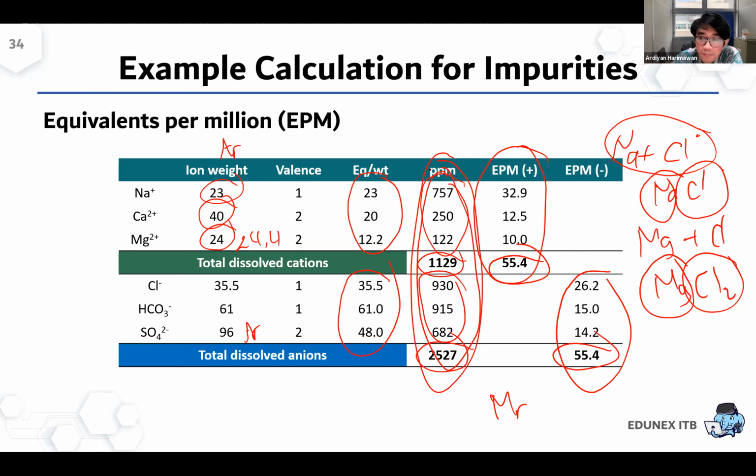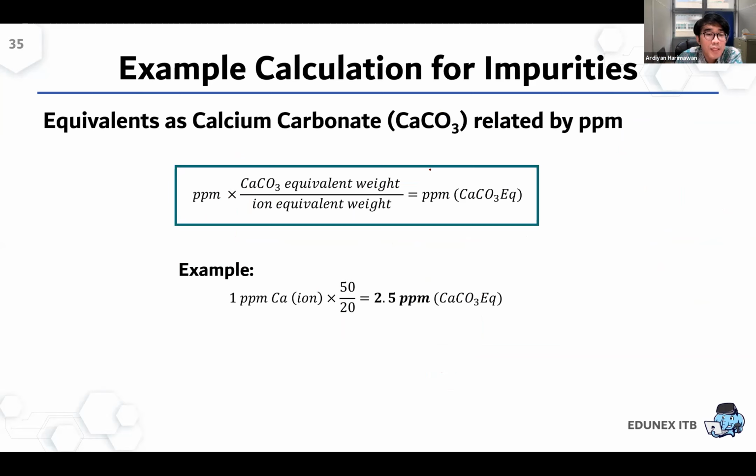Okay. The concentration can also be presented as ppm equivalent calcium carbonate. So the conversion will be the ppm concentration times this one, calcium carbonate equivalent with, this is the molecular weight, Mr, ya Pak Indra, divided by the ion equivalent weight.